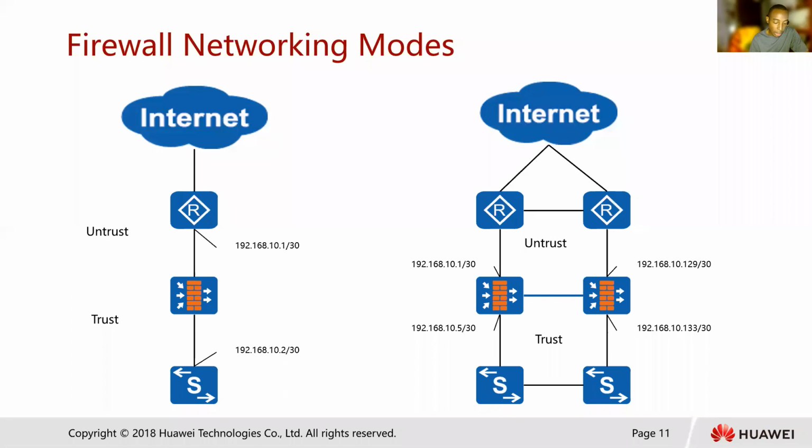Always remember that there's one mode that will require some topology configurations, and the interfaces of the firewall operate at layer 3. And in the other case, the interfaces work at layer 2 and the interfaces of the firewall do not require IP addresses.